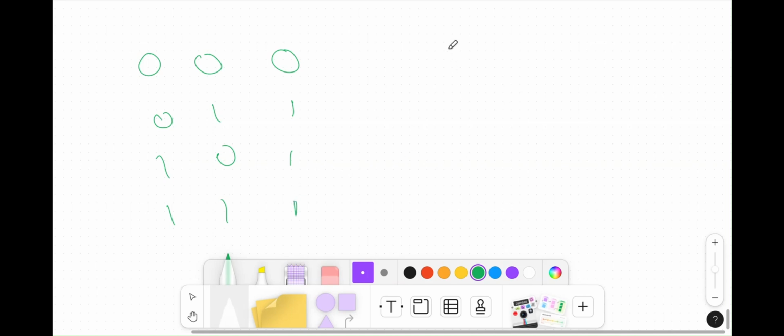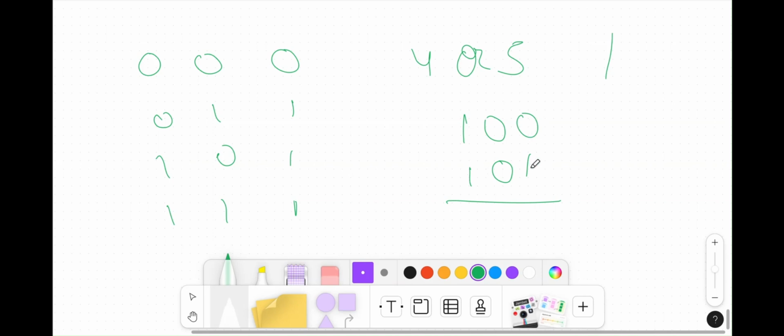Okay, let's see, we have 4 OR 5. OR is represented by the symbol that's right above your enter key. So 4 we write as 100, 5 we write as 101.